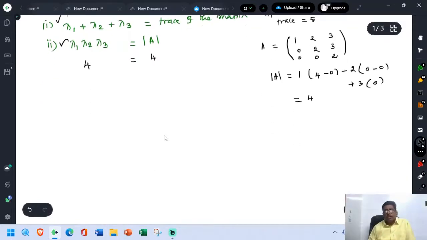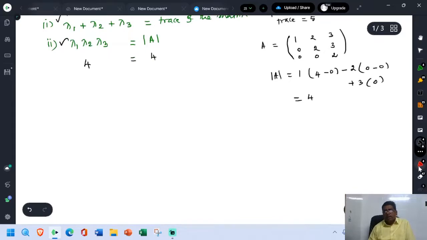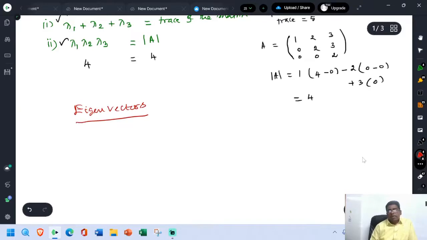Now we have to go to the eigenvectors. Here the matrix is 3 by 3 in order, so we can have 3 eigenvectors, x1, x2 and x3.